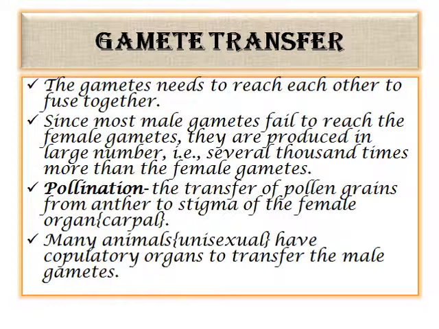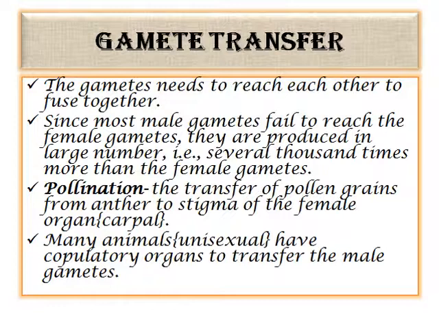Now, as I said, the pollen grains are the male reproductive cells, right? So they are the sperms, or you can say they are the embryozoids of the plants. And anther is the male reproductive organ. Like in humans we have testes, in plants we have anthers. Stigma is a female reproductive organ. As in humans we have ovaries, in plants we have the carpel, one part of which is the stigma, right?